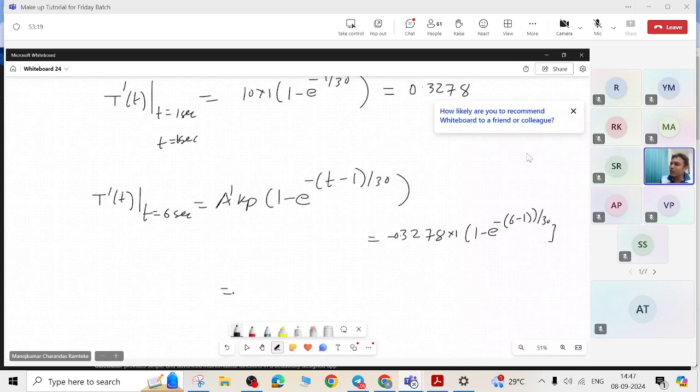Is it clear what I'm doing? I am using the same methodology which we have seen in part AB here. But now we are specifying that the pulse will be occurring for 1 second, isn't it? Correct?